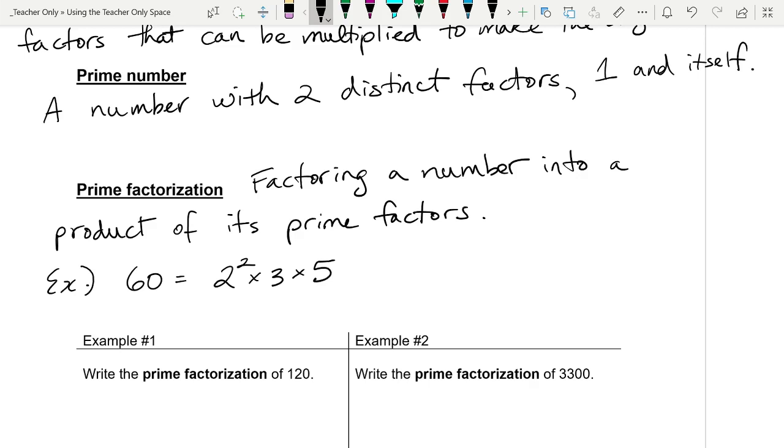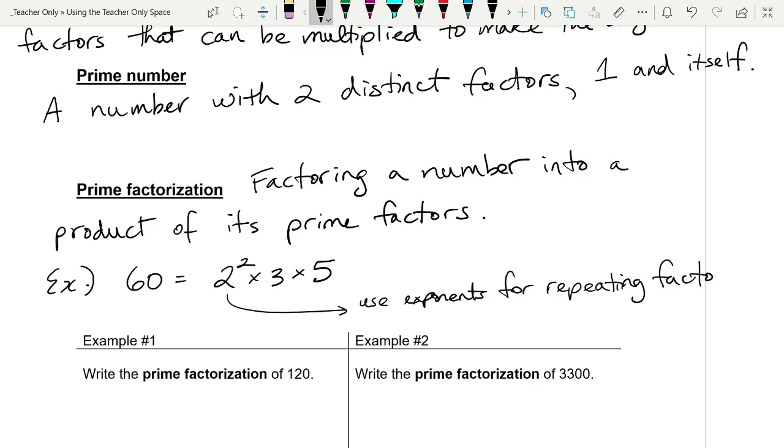And I'll put a little note here: use exponents for repeating factors. Okay, I'll give you a second to catch up to me. I know I write fairly fast.